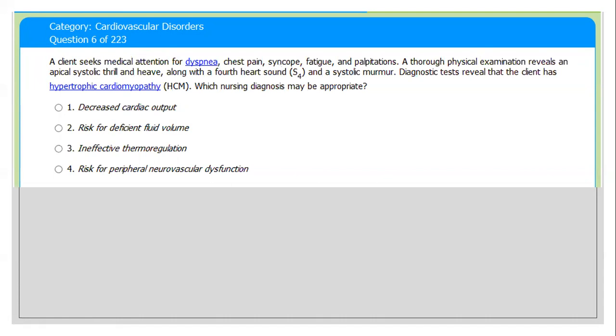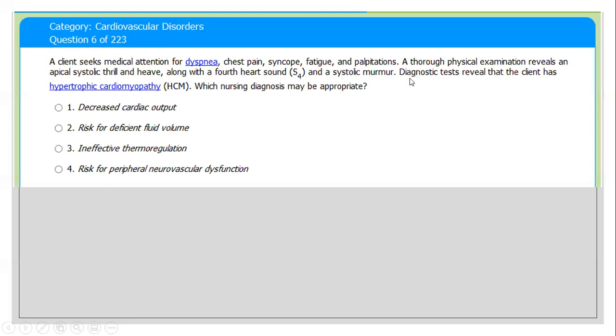Syncope means fainting, a temporary loss of consciousness, fatigue, and palpitations. A thorough physical examination reveals an apical systolic thrill is present, along with a fourth heart sound, S4, and a systolic murmur also there.